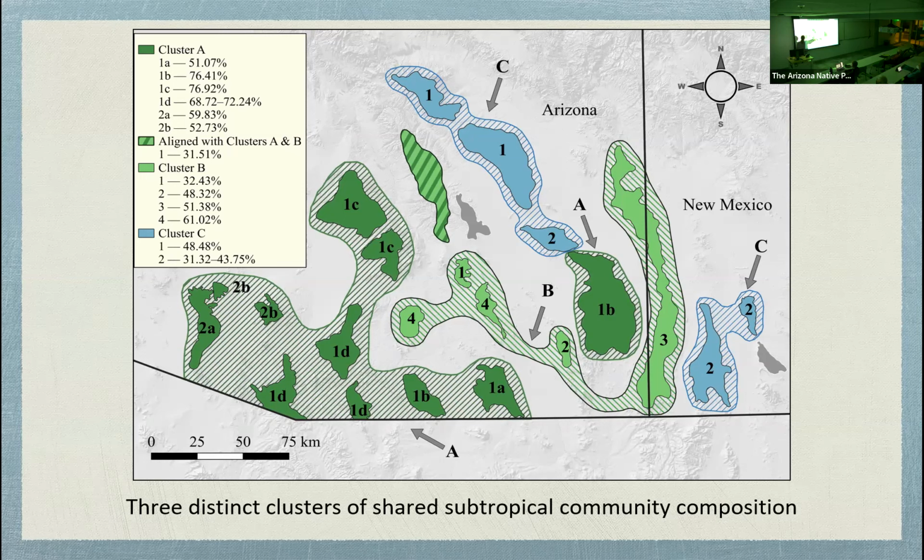What's interesting in the first cluster is that Chiricahua is the only range that's part of the first cluster, even though it's significantly outside of that cluster to the east. You could look at several reasons why that might be. The Chiricahuas have the third highest monsoon precipitation of the Sky Islands and the fourth highest total annual precipitation, as well as the largest area and close proximity to the international border.